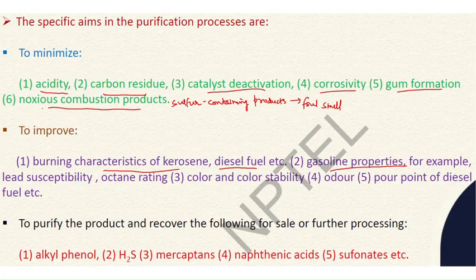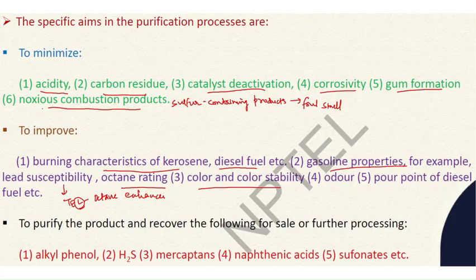As I told you, tetraethyl lead is used as an octane enhancer in gasoline, but the lead present in it is very corrosive and very toxic in nature. So if tetraethyl lead is used, then good gasoline should have good lead susceptibility. Then its octane rating should be improved.